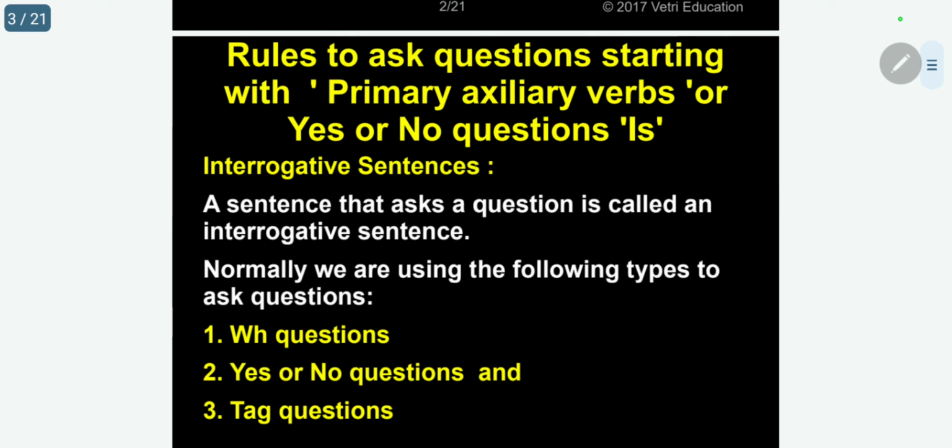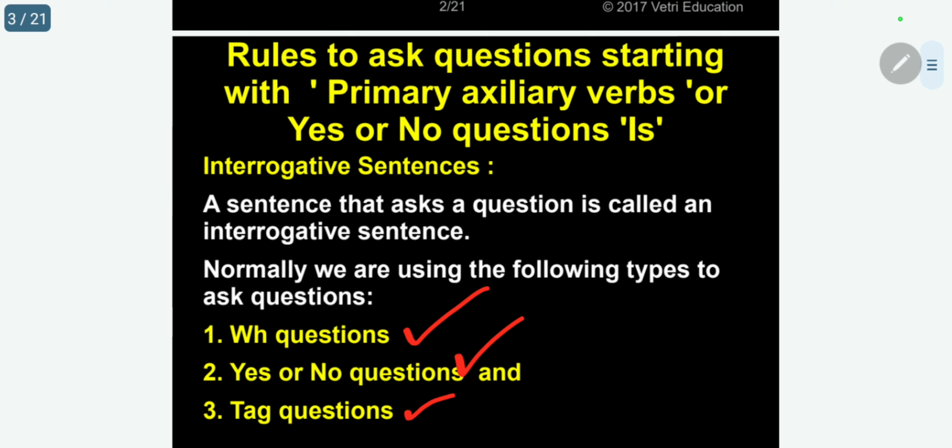When you ask a question, we call it an interrogatory sentence. What is an interrogatory sentence? A sentence that asks a question is called an interrogatory sentence. Normally, we use the following types to ask questions: WH questions, yes or no questions, and tag questions.